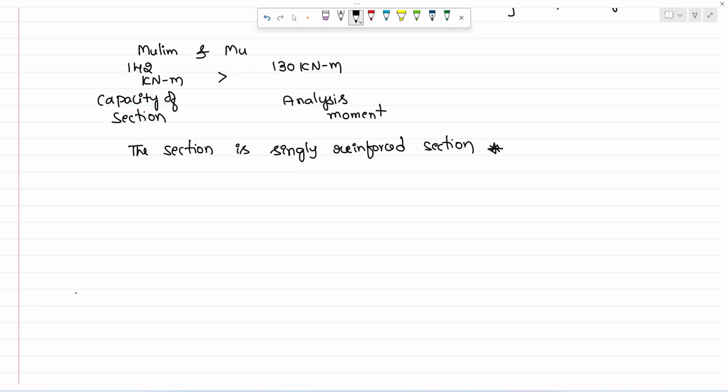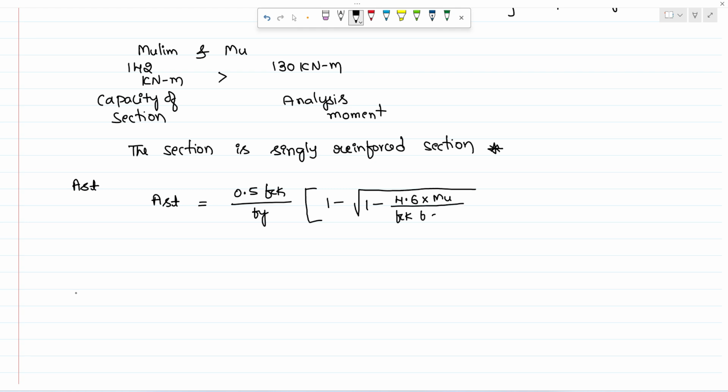Next, let me calculate the area of steel. To calculate the area of steel, we will be using this formula: Ast equals 0.5 fck divided by fy into 1 minus square root of 1 minus 4.6 Mu divided by fck b d square, into b d. So this is the formula to calculate the area of steel.